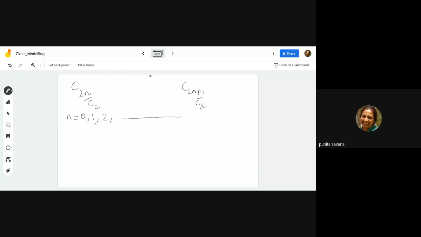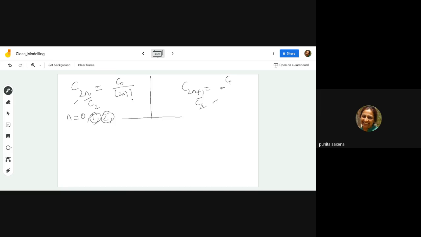So for both the terms, whether it's odd or even, you are getting the coefficients. Similarly, what happens when n is 2? You are getting C4 and C5. So basically, for all even terms, it was C naught upon a factorial. For C2, it was 2 factorial. For C4, it was 4 factorial. So what should it be? Simply 2n factorial.